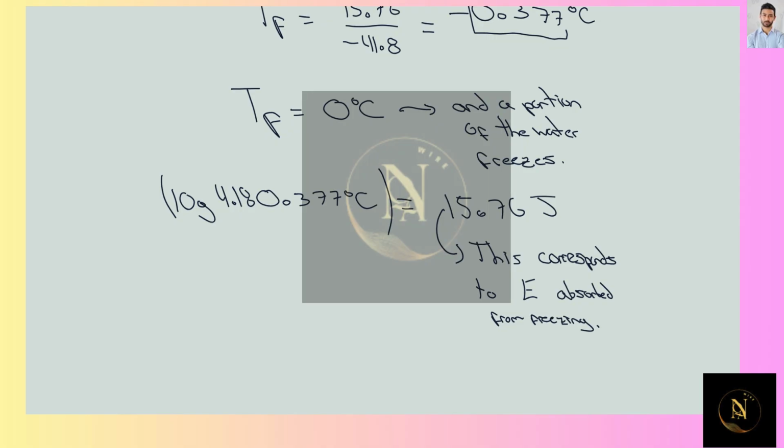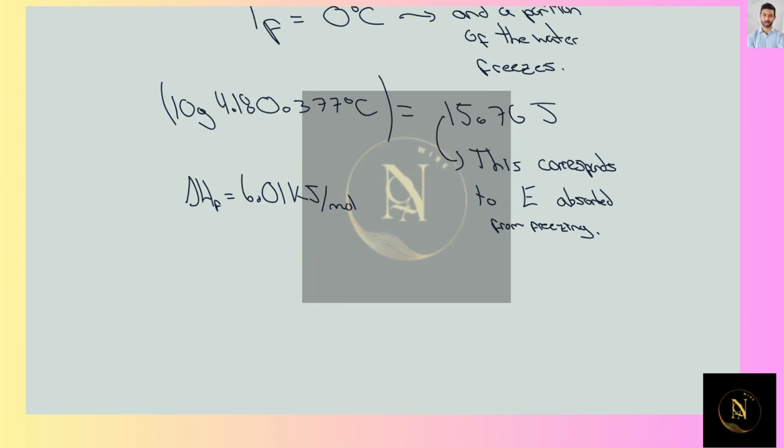We know that the heat of fusion of water corresponds to 6.01 kilojoules per mole. So let's see to how much this energy corresponds. 15.76 joules divided by 6,010 joules per mole, and multiply it by 18 grams in 1 mole.